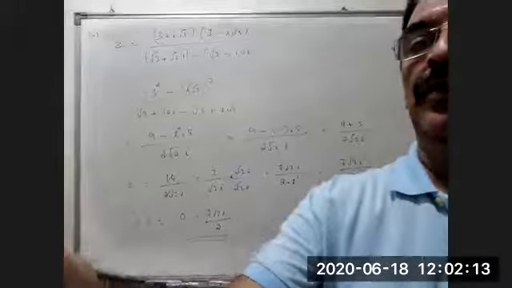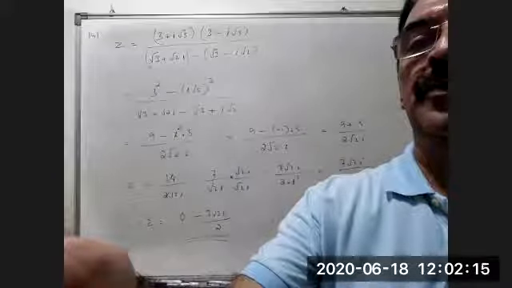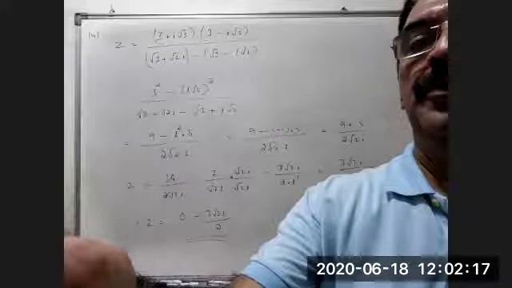Now, the doubts you ask one by one. Class is over, it said. I was asking the identity, a square minus b square for numerator. Okay. We could cancel i in step 3. Okay, this i cannot be cancelled.